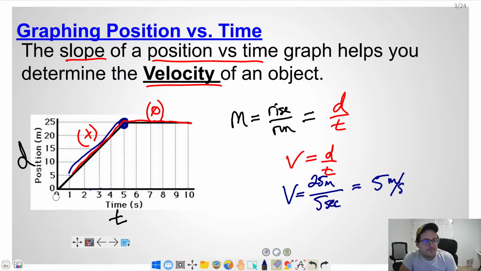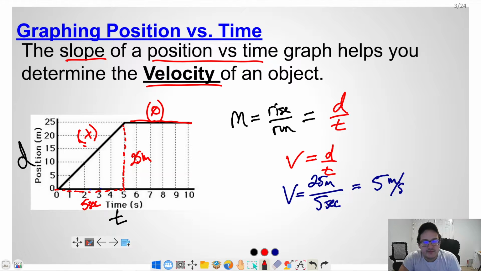Even though we already found the velocity is going to be positive, positive what? Our rise was 25 meters and our run is 5 seconds, so 25 divided by 5 gives you 5 meters per second.